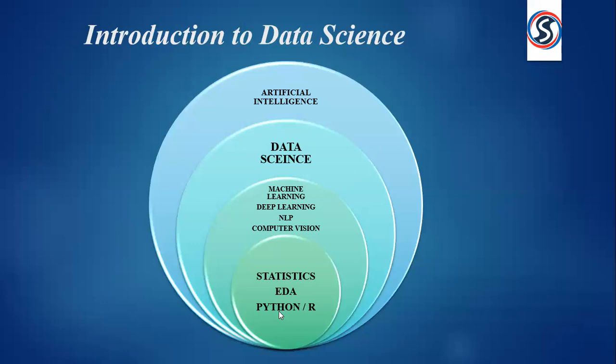As we know, Python is a high level programming language, it is interpreted, highly scalable, easy to learn, easy to use, and completely user friendly. R also. These two languages are used worldwide for data science and artificial intelligence.